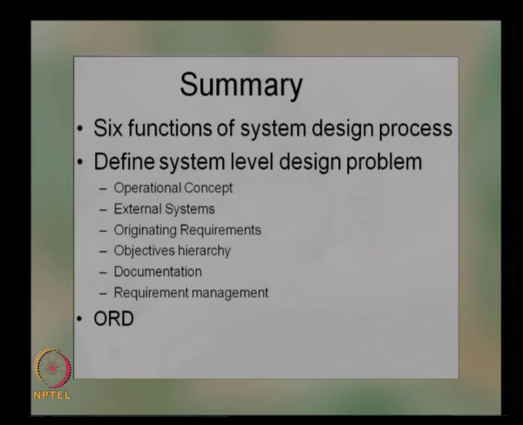We discussed the operational concept and how we develop it, then how we identify the external systems, how we look at the originating requirements, and then the objectives hierarchy, and documentation and requirements management. At the end of this level what we get as an output is the originating requirements document, and we saw how we actually prepare the ORD and what the format is for preparing the originating requirements document.